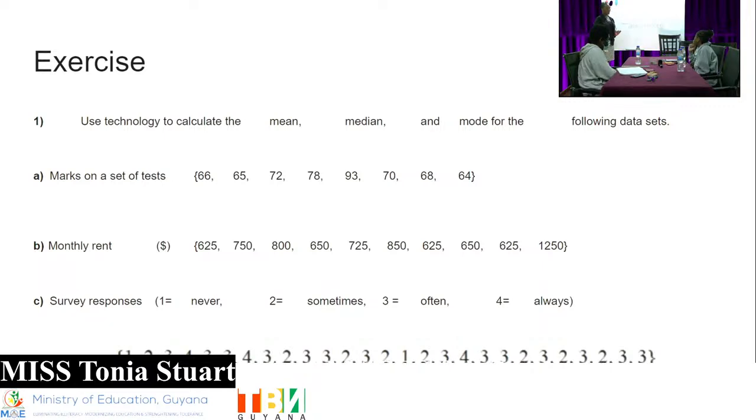How many values? 2. If I take this one out and this one out, what do we have in the middle? Nothing. So we have to leave the 2. What happens when you have 2 values in the middle? We add and divide by 2. So add and divide by 2, what would we get?